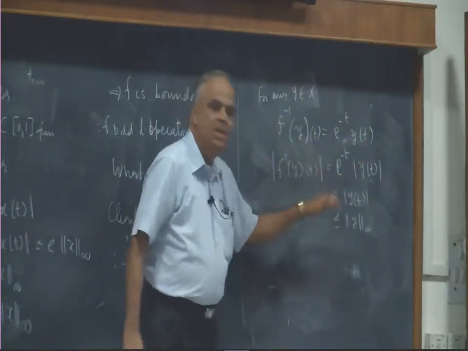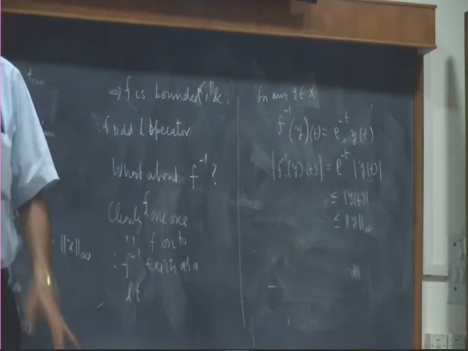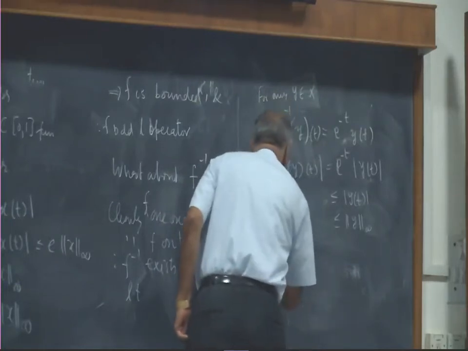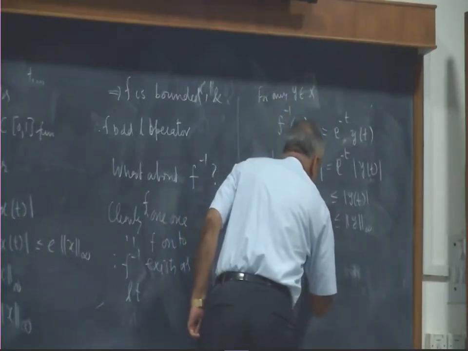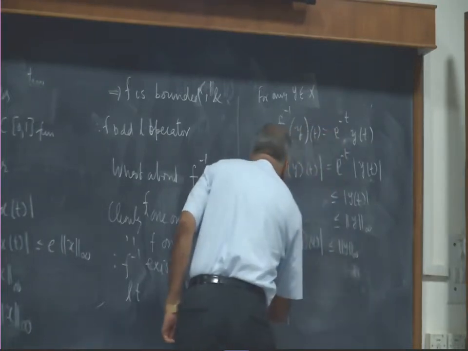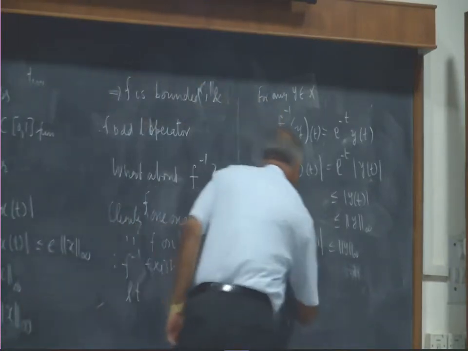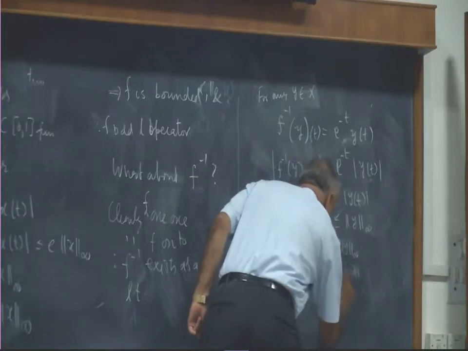So this function, at every point, is less than or equal to this constant. Therefore the maximum of f inverse of y of t is less than or equal to the norm of y infinity, where the maximum is over [0,1]. But that is precisely the norm of f inverse of y infinity.